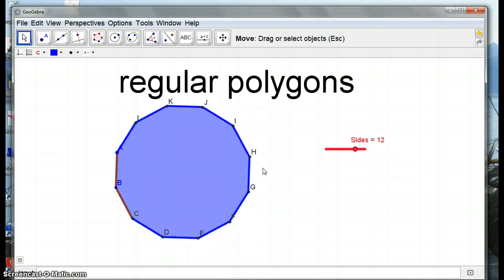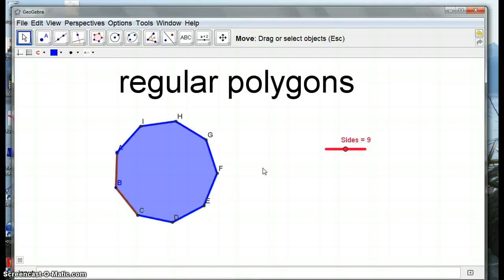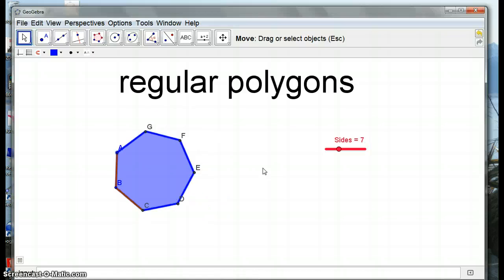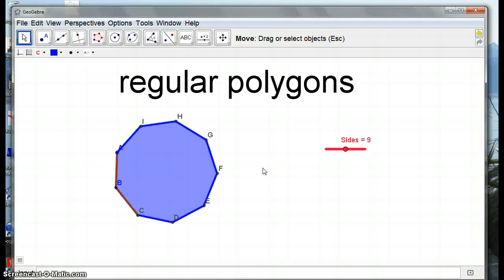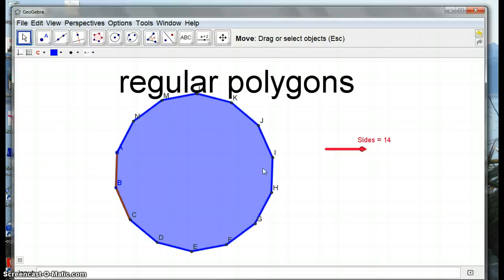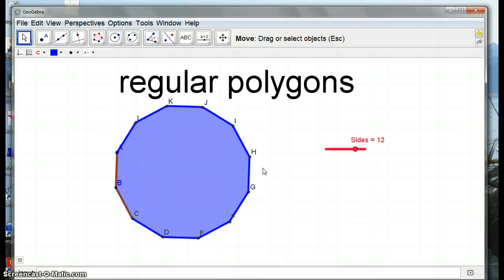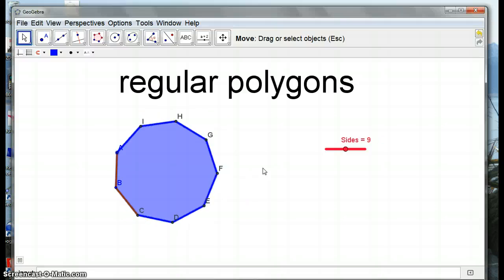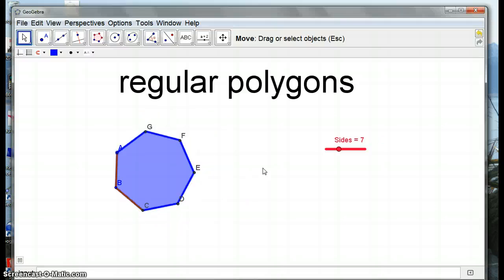Alrighty. So now what we've got is regular polygons produced by GeoGebra. So we have equilateral triangle, square. It's going a bit too fast. But they're all regular. All the sides are the same length and all of the angles are the same size.